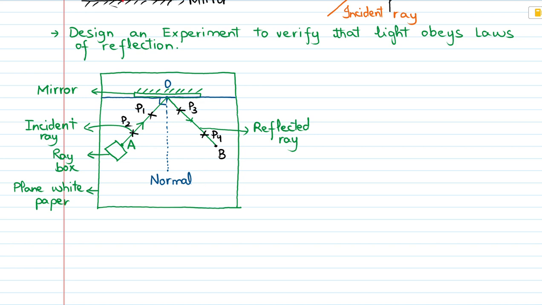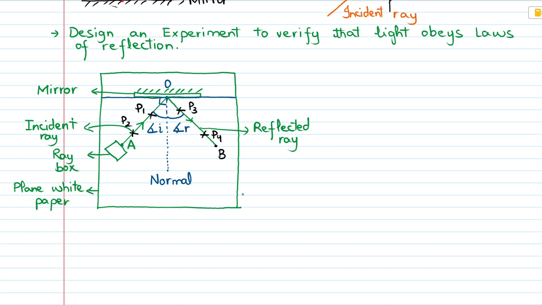Then later we mark the angle of incidence. So this is the angle of incidence and this is the angle of reflection. And with the help of a protractor, we measure the angle of incidence and the angle of reflection.